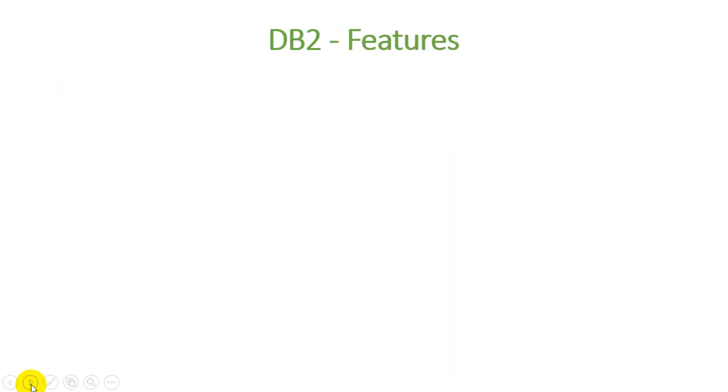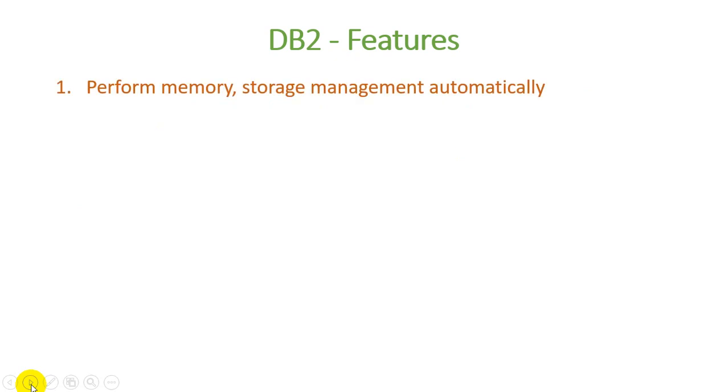Now let's see the different features available in DB2 software. First, it performs memory storage management automatically. The user doesn't require any operations to perform memory management or storage management. It works automatically.